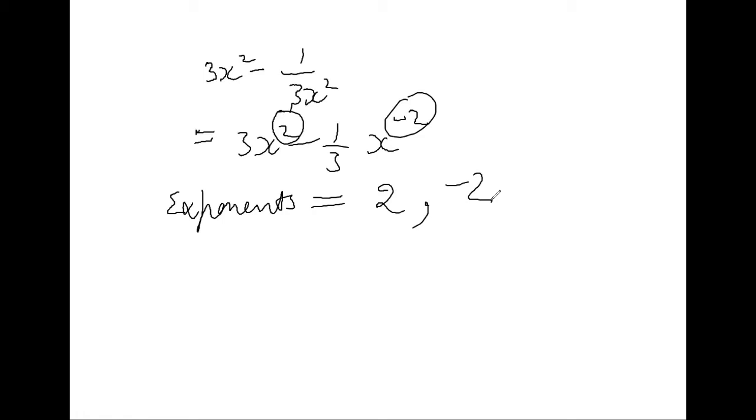Are these whole numbers? Tell me, are these whole numbers? बताओ, 2 और minus 2 दोनों whole numbers हैं? No, sir. ठीक है, all are not whole numbers. Write down, all are not whole numbers.